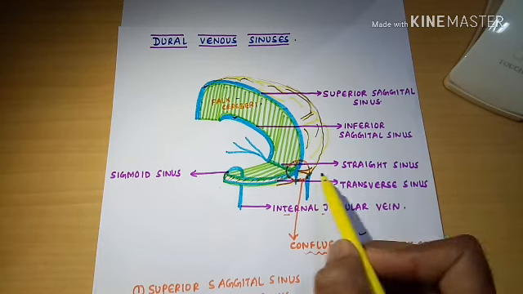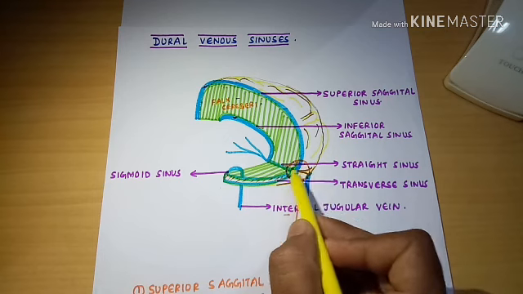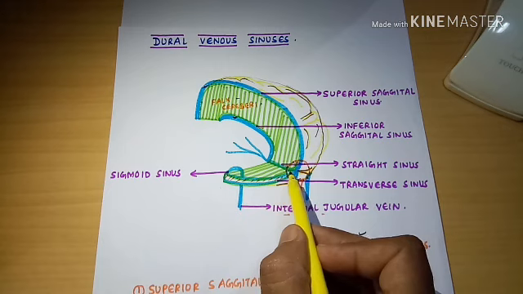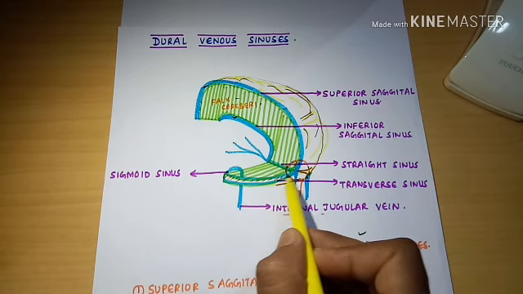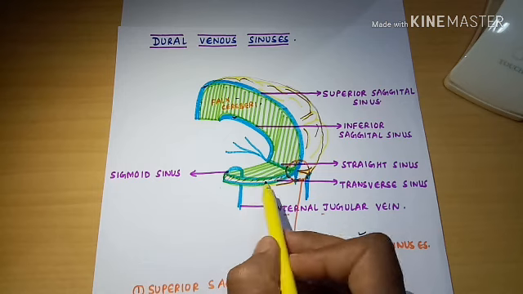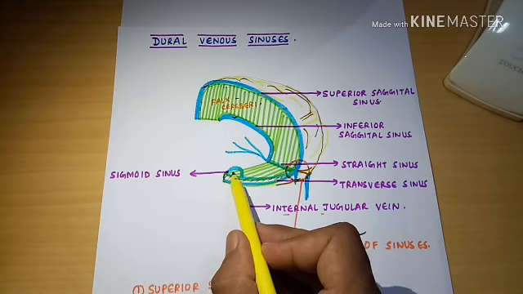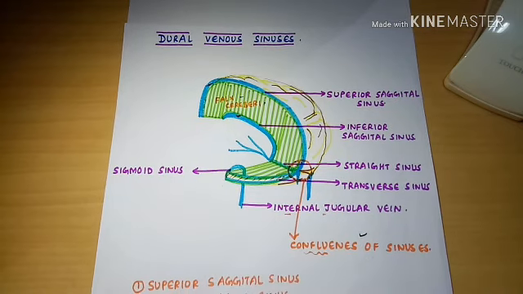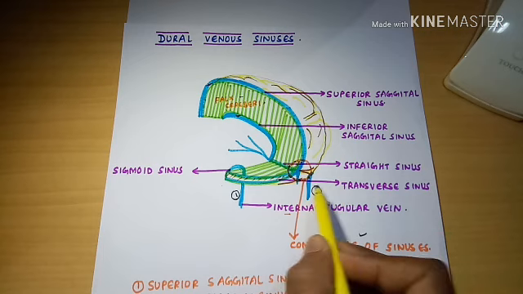From this confluence of the sinuses, in the transverse plane, the sinus flows here, and this is called the transverse sinus. This transverse sinus will loop around this structure and form a sigmoid sinus. After forming a sigmoid sinus, the internal jugular vein is formed here. So this is the first internal jugular vein and this is the second internal jugular vein.